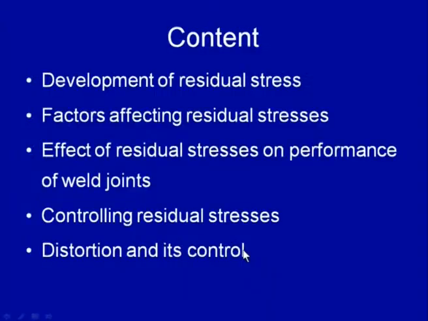We know that during welding we apply the heat in a very localized manner, and because of this, differential expansion and contraction is experienced by the metal near the fusion boundary, and this in turn results in significant residual stress development. We can see this using a simple diagram.